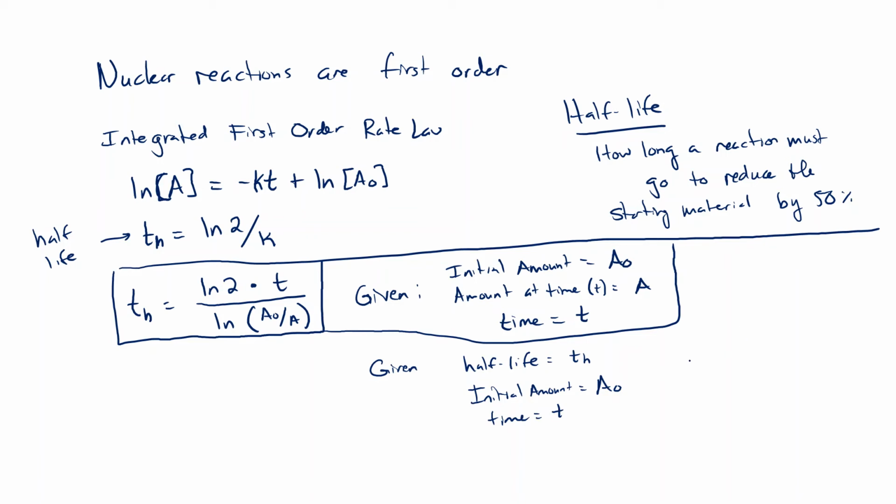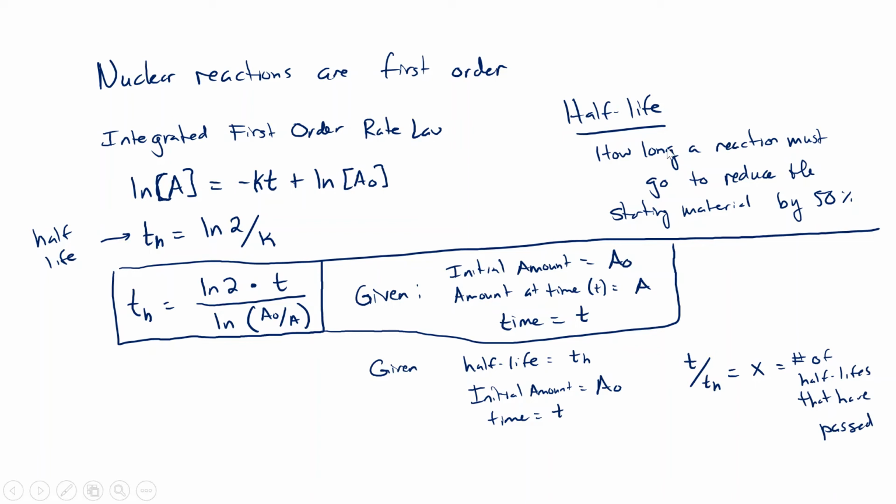Well, the first thing you should do is take the time t divided by the half-life, and that gives you a number, which we'll call x. This is the number of half-lives that have passed.